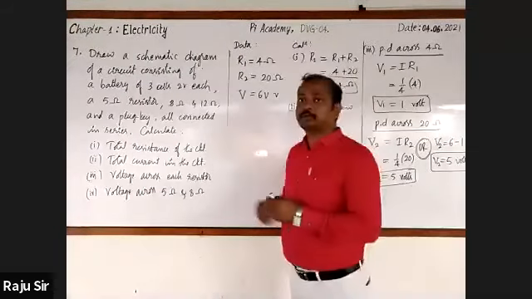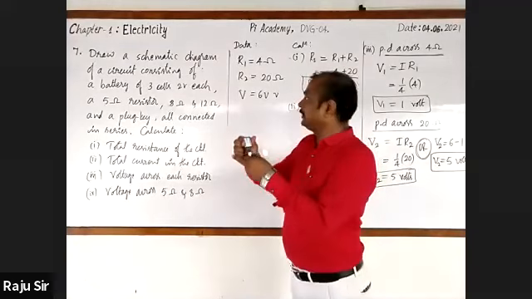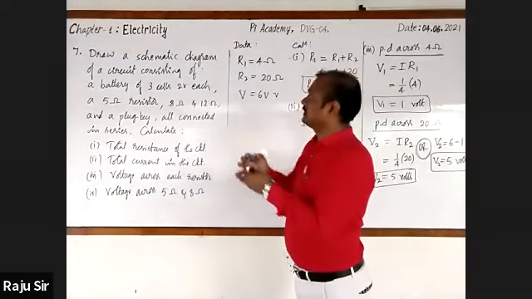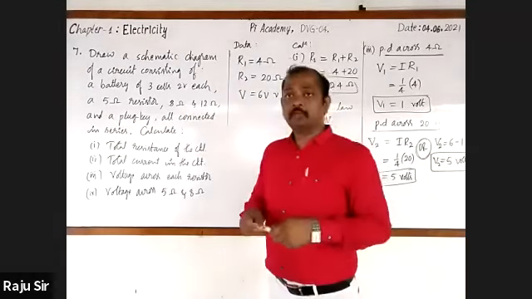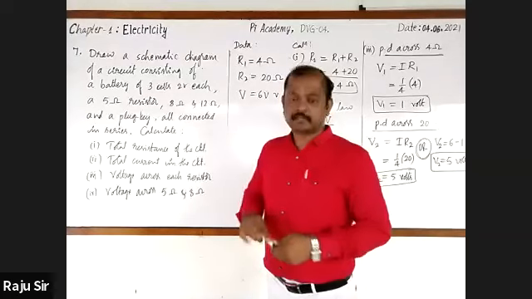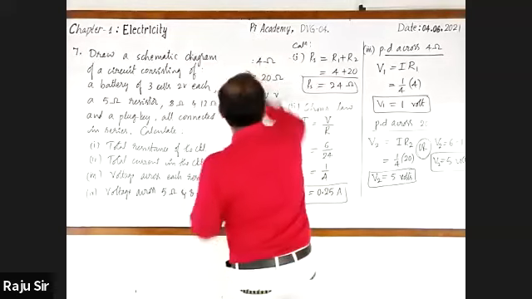Before this, first we have to draw the circuit diagram. Here they are given electrical components: one battery, 3 resistors, and a plug key. The resistors should be connected in series. Yes, let us draw the circuit diagram.